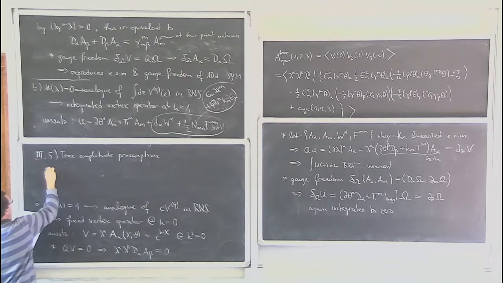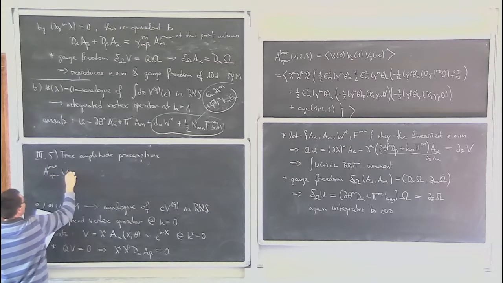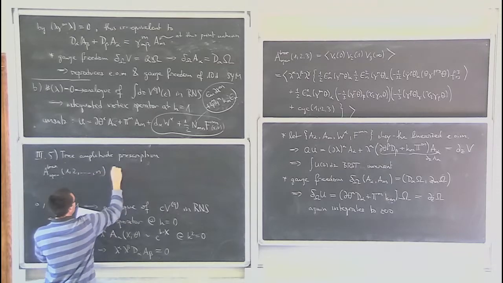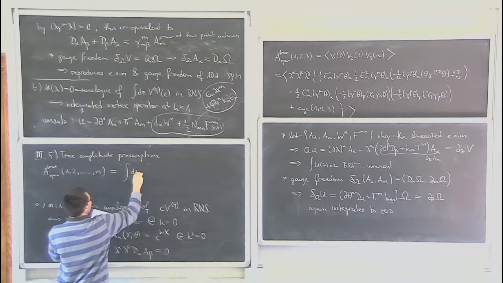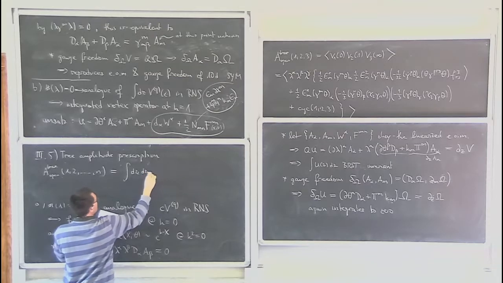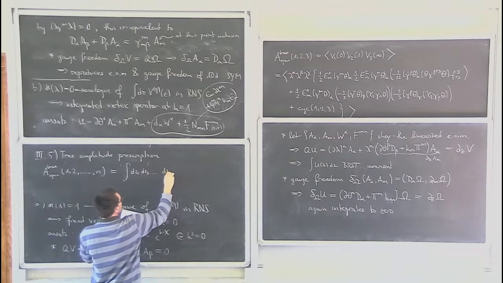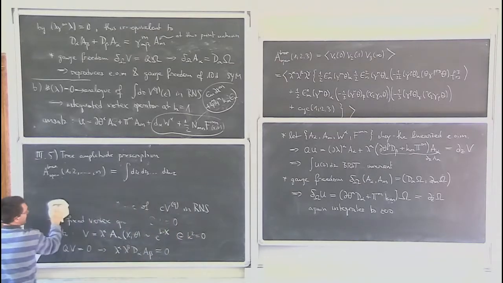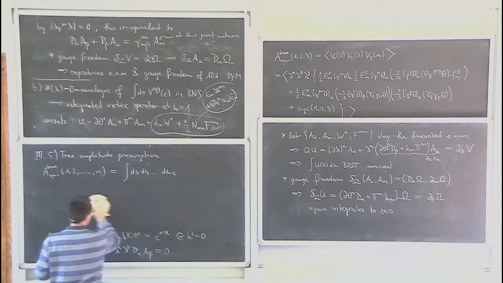Okay, let me start by writing down an expression and then discuss its properties and try to argue why it's a good expression. So as before, we are just looking at a color-stripped tree amplitude.